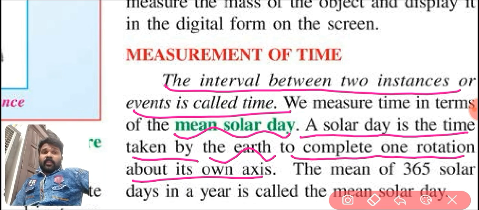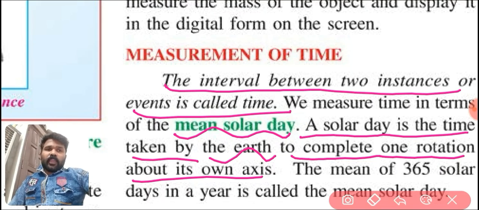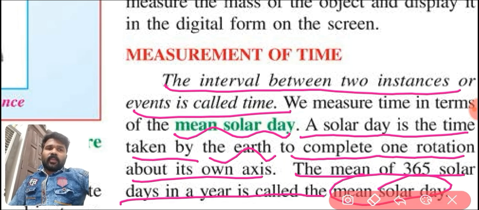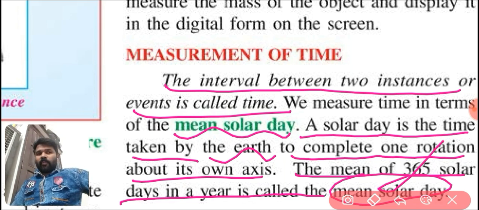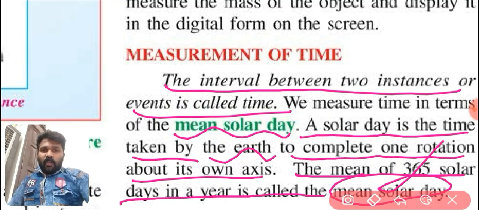The mean of 365 solar days in a year is called the mean solar day. You understood now?